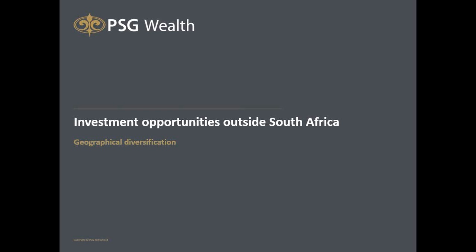But why am I bringing this up? We're talking about investing offshore, outside South Africa, and the focus is geographic diversification. I'm using this as an example so you can relate to what we mean by diversification, by spreading the risk.